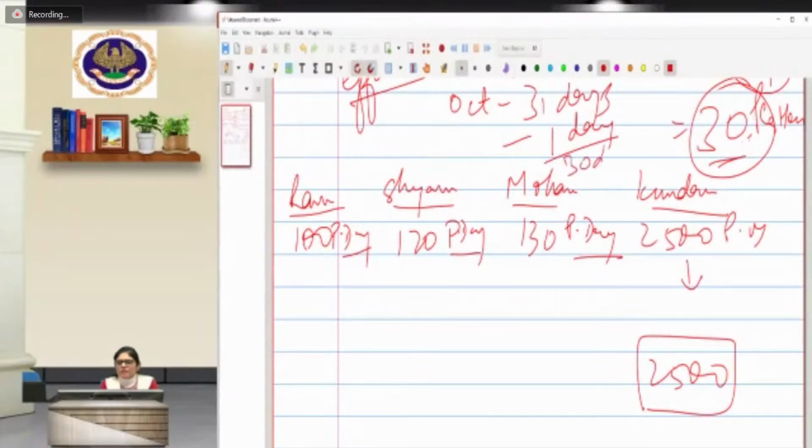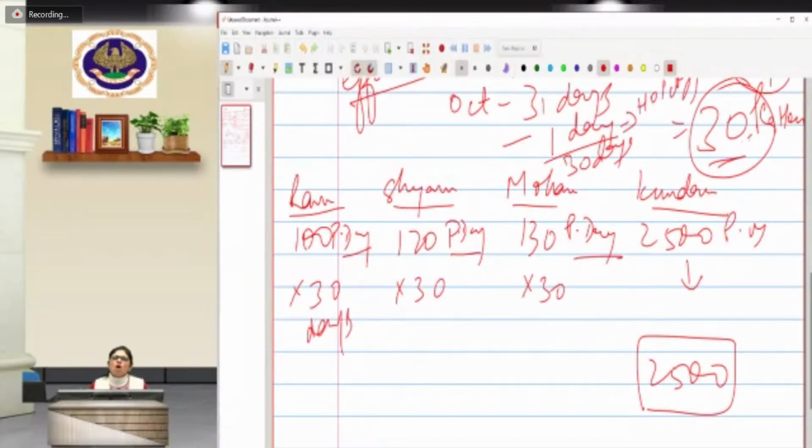So here, for 30 days, these three will be paid. So 100 into 30, 120 into 30 and 130 into 30. Ram, Shyam and Mohan will be paid for 30 days because October has 31 days and they have worked for 30 days. For 1 day, which was a holiday, these three workers were not paid except Kundan because he was paid on a monthly basis. Clear?